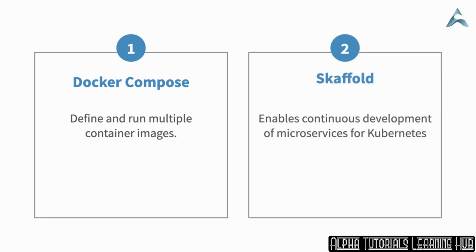There is also Skaffold, which is an open source tool that allows you to develop and test on the local Kubernetes cluster. The difference between these two tools is that Skaffold runs your microservices in the local Kubernetes setup, allowing you to sync file changes and almost immediately test these changes in your local cluster.